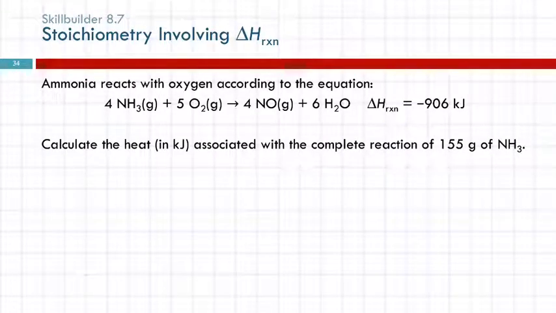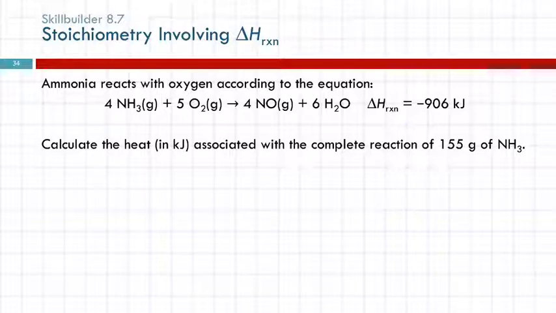So let's do an example. This is stoichiometry involving energy. Ammonia reacts with oxygen according to this equation. Calculate the heat in kilojoules associated with the complete reaction of 155 grams of ammonia.